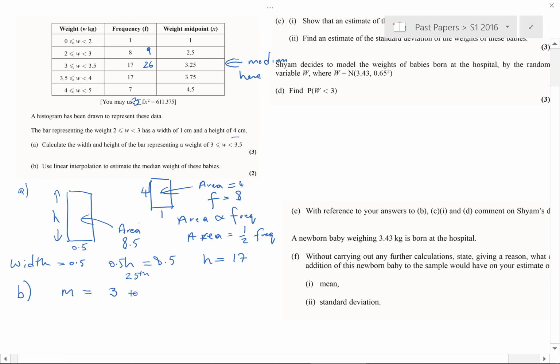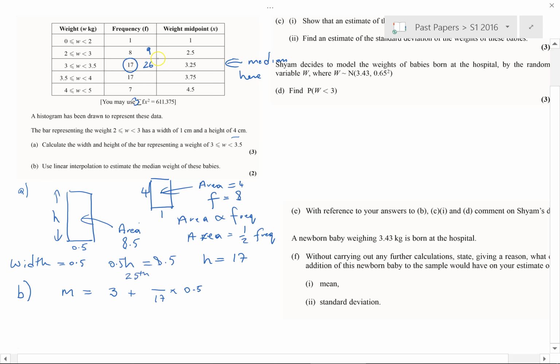Okay, and then what we do is we add on the proportion it would be, and I'll do a diagram to help explain why this is. We've got a class width of 0.5, and we want to see what fraction of the group this is in. Well, we've got 17, some number out of 17 is what we're going to multiply by.